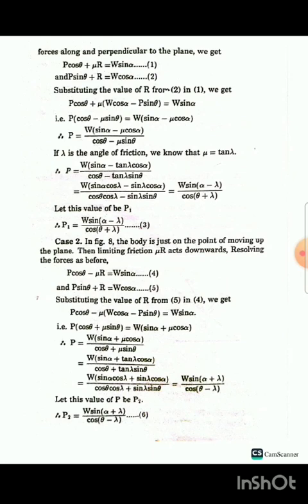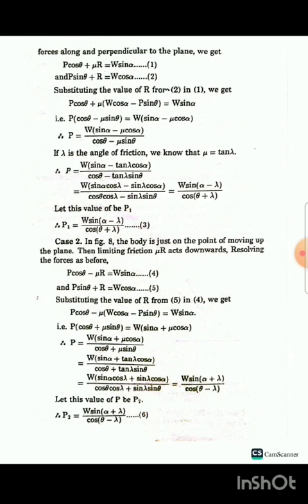This is the value of R. We substitute this R value into equation 1. So equation 1 becomes P cos theta plus mu times W cos alpha minus P sin theta, equal to W sin alpha. Multiplying mu through, we get mu W cos alpha minus mu P sin theta.